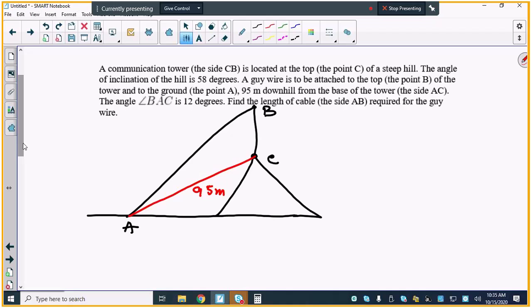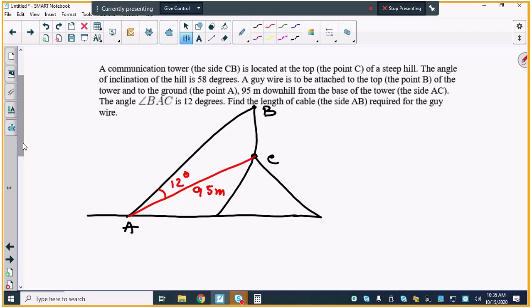Very good. The angle BAC is 12 degrees. So this angle over here is 12 degrees. Find the length of the cable, the side AB, required for the guide wire. Now remember, there is one other piece of information. The angle of inclination of the hill is 58 degrees.